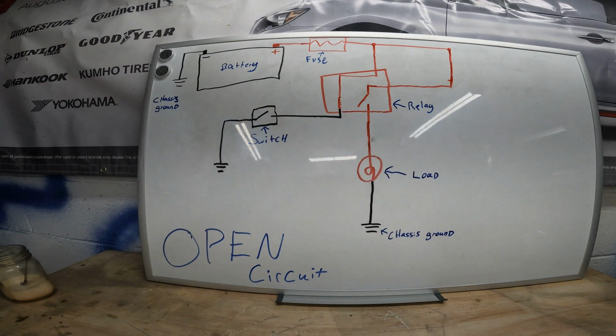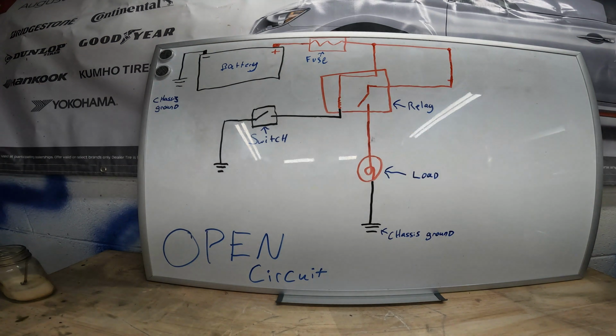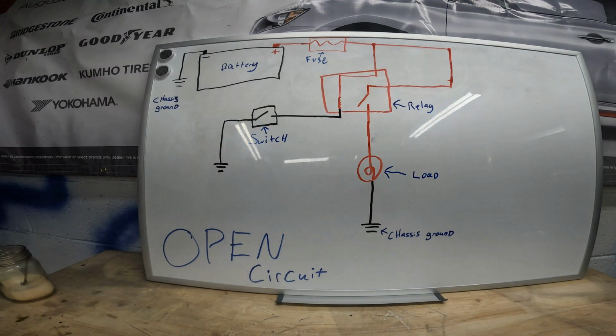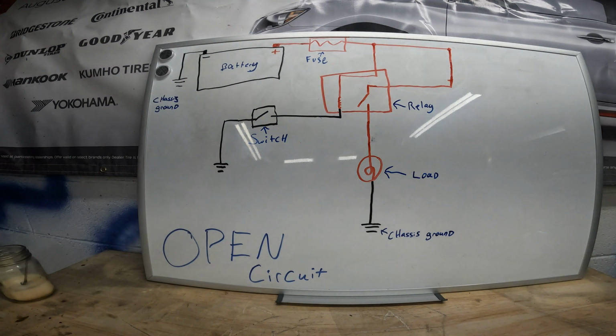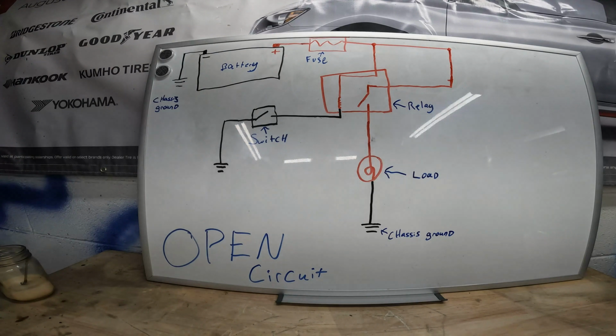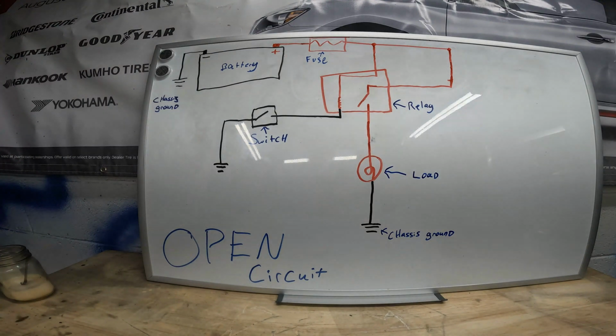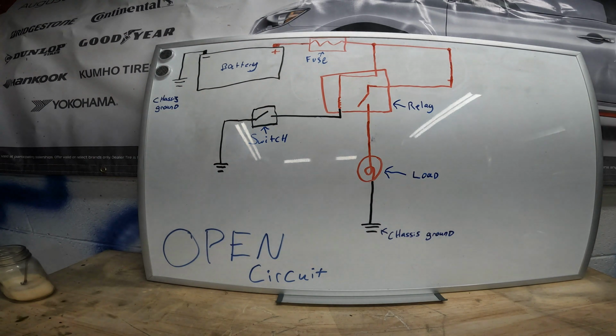An open circuit is the most normal failure point you will see, due to poor wire fitment, like poor terminal fitment, broken wires, corroded wires that snap off, anything like that.